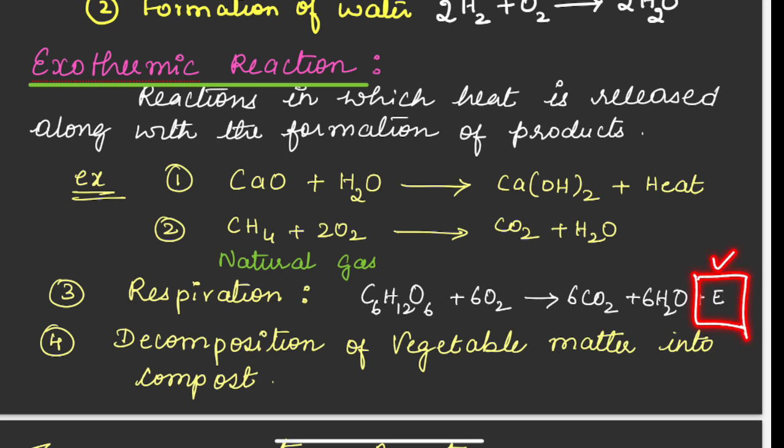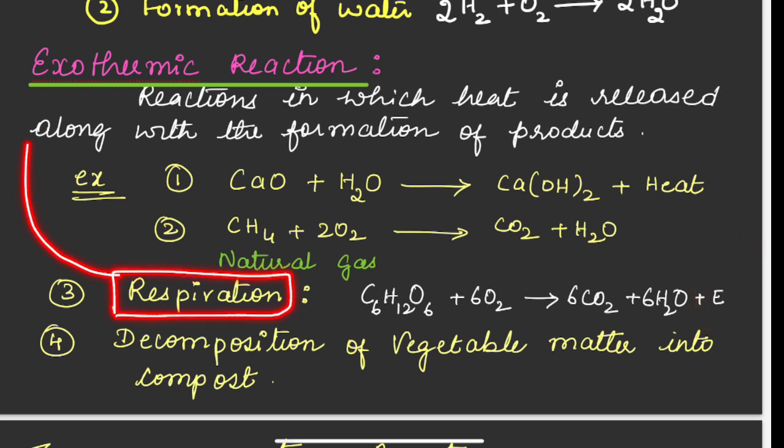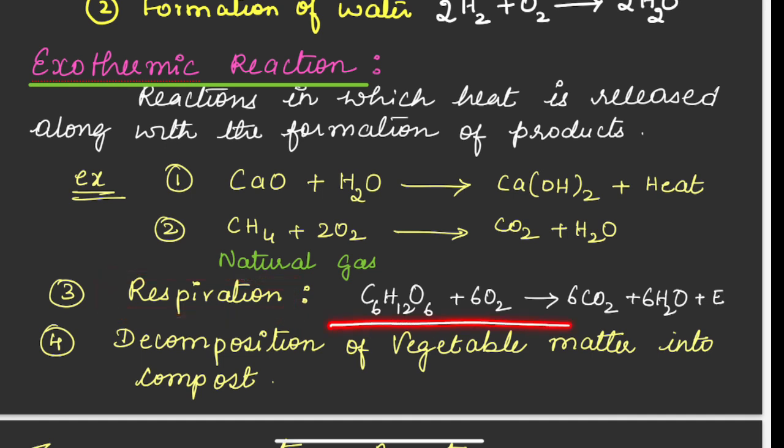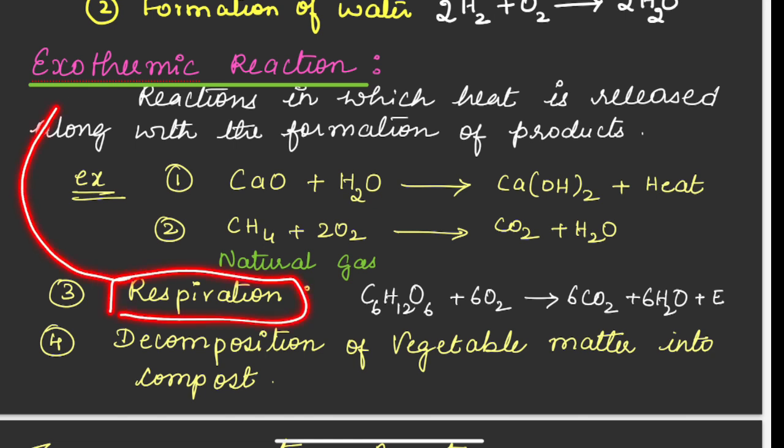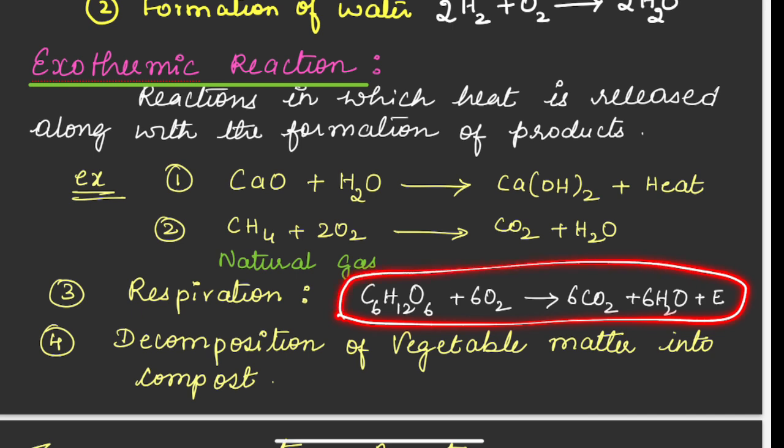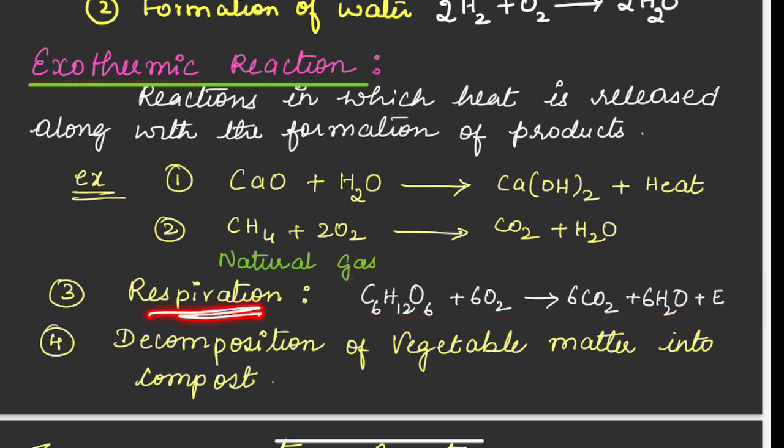Since heat is liberated, respiration is an example of exothermic reaction. The question may appear in the examination as whether respiration is exothermic or endothermic reaction, write the balanced chemical equation. You have to write respiration is exothermic reaction and this is the balanced chemical equation for respiration.